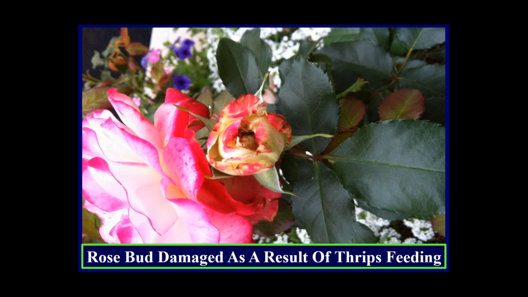Now, this is what the damage looks like when they're inside the bud, and they like tight enclosed areas, and that allows them to feed without being disturbed by natural enemies like predators. So they're inside, and this is the start of the damage on the bud. Okay, and this is how bad it can get.